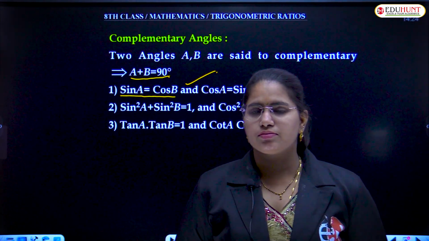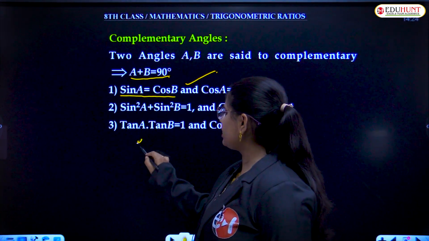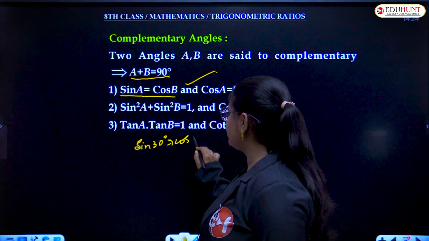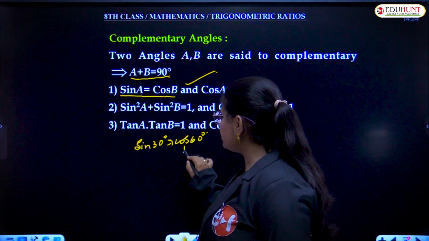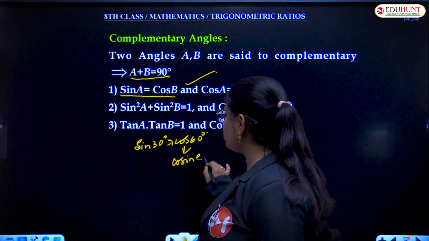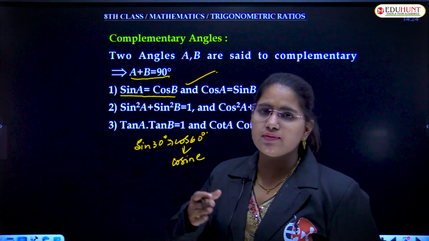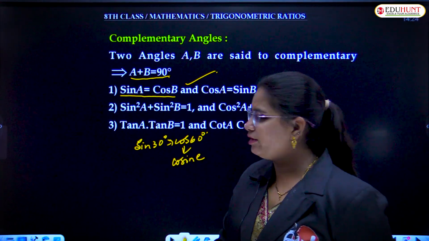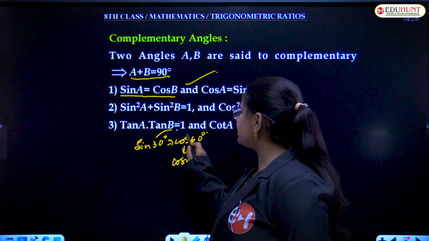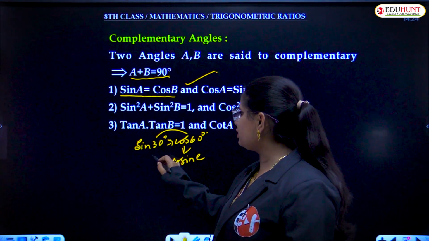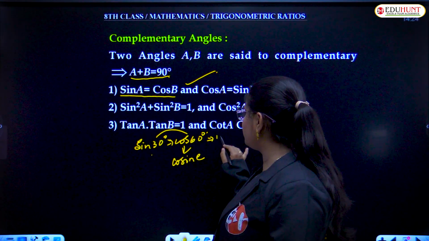See, sin 30 is equal to cos 60. Cos is actually termed as complementary of sine; CO is the shortcut form of complementary. So 30 plus 60 gives 90, and sin 30 and cos 60 are both equal to 1 by 2.